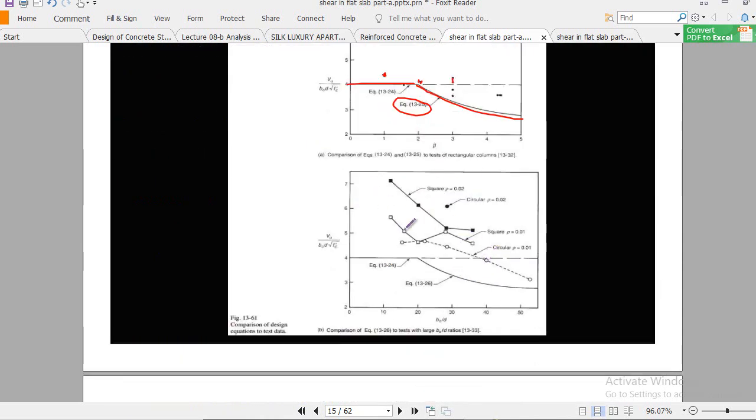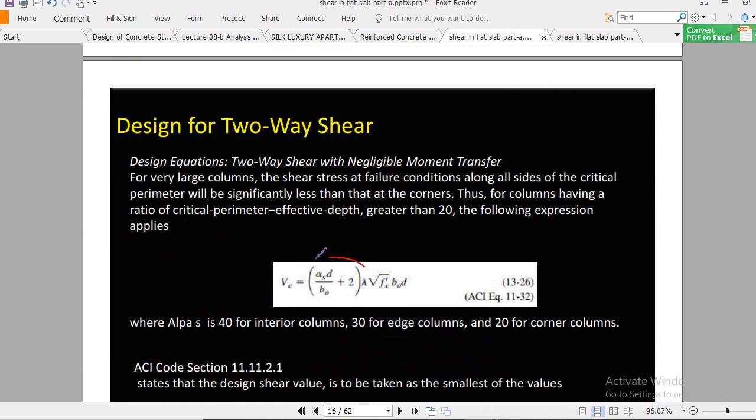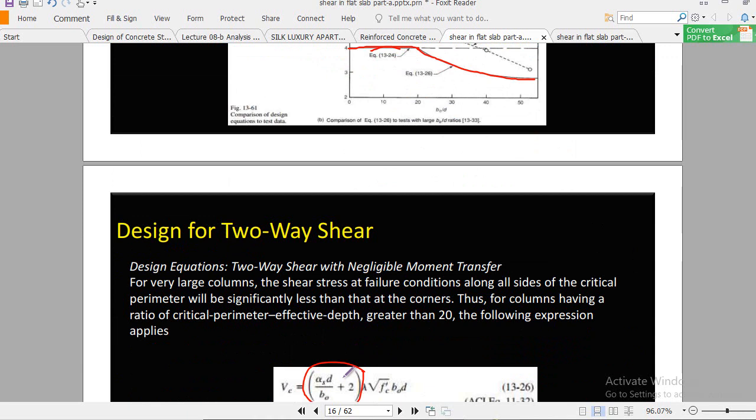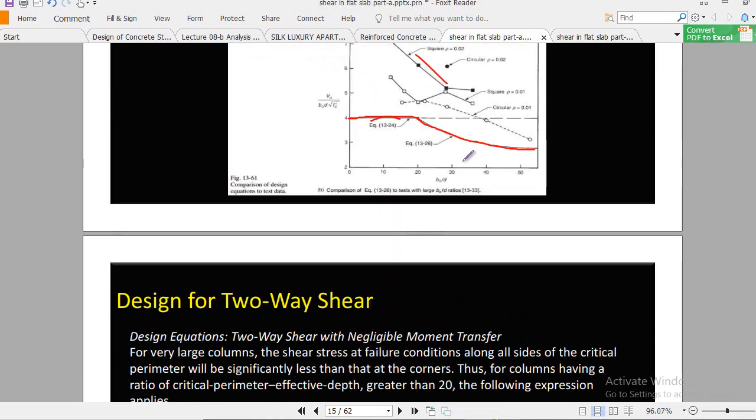Similarly, this part is covered by equation 24, and you see the drop in values. To cover this, we consider this part, and this variation is covered under this equation. And when your beta naught to d ratio changes, you see here it increases.